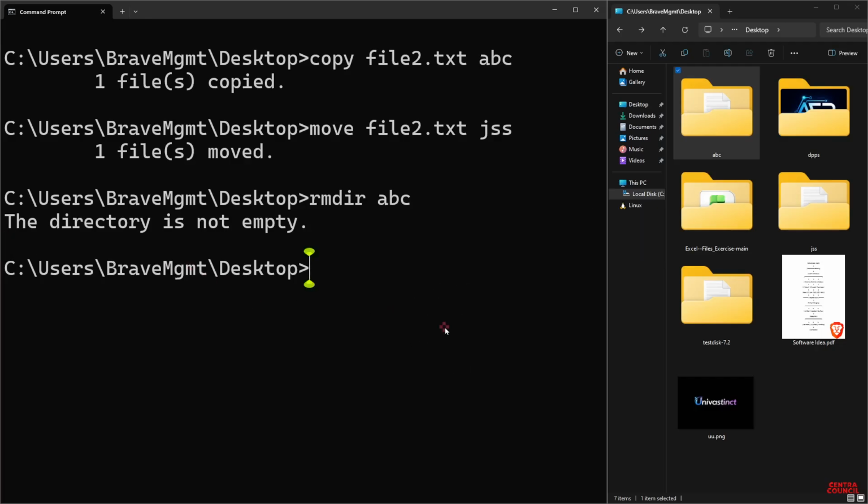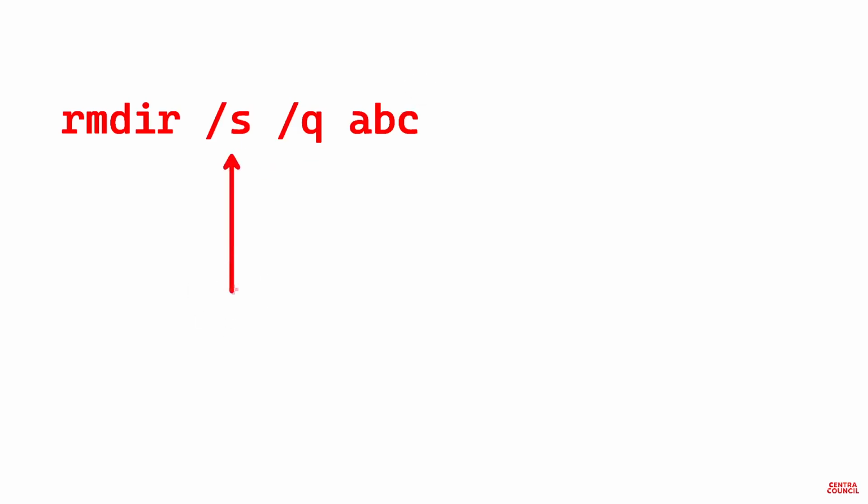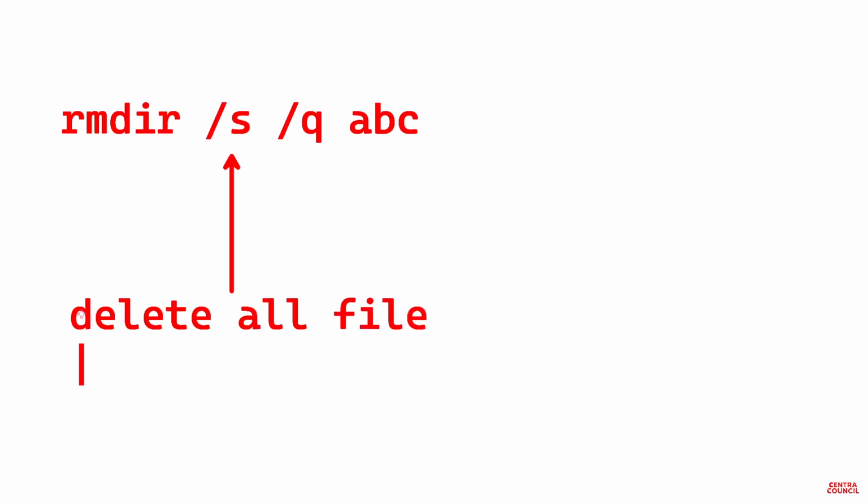Instead, here is the command. The command is still rmdir itself, but you need to add some other options. First, /s. This /s will delete all files and subfolders inside it. If you don't want it to ask you for confirmation, if you really want to delete it, you can add /q. Then you type the folder which you want to delete. Again, /s would delete all files and folders.